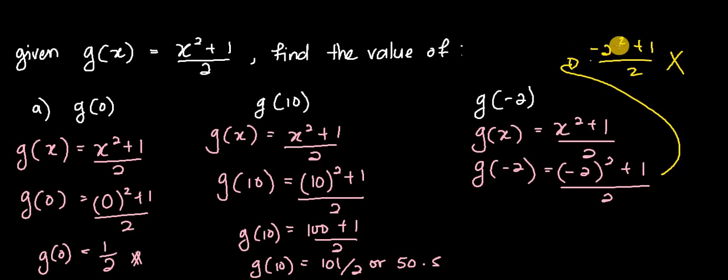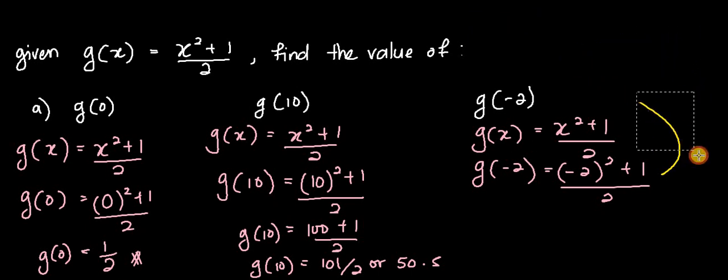So how do you tell your calculator that the square here is not only for 2 but for negative 2? You put a bracket. So just remember to put your bracket whenever you are substituting, not only for functions, but for any questions. Once I'm doing this, you can just solve it.